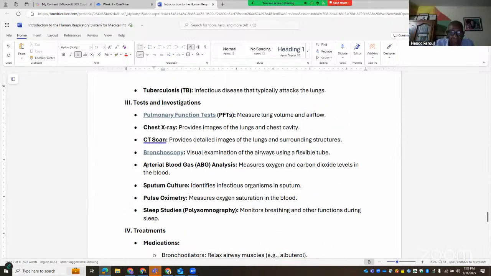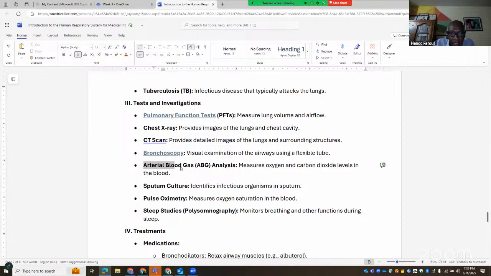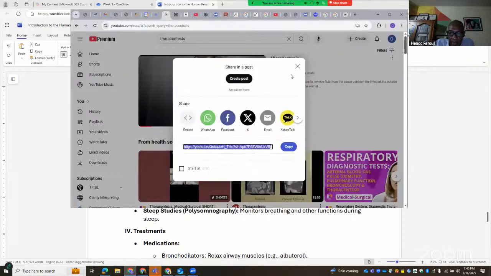This one? Okay, arterial blood gas analysis. I'd like to see a video about it.